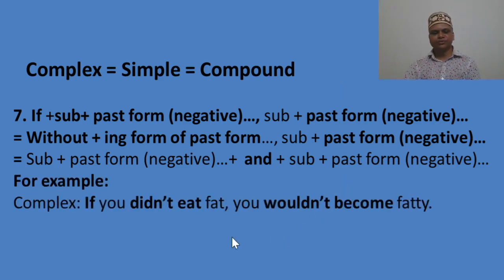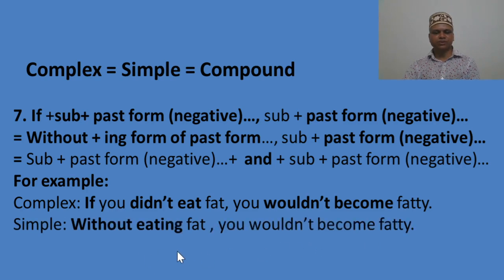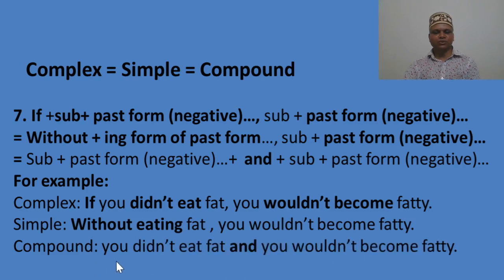For example, complex sentence: if you didn't eat fat, you don't become fatty. Simple: without eating fat, you don't become fatty. Compound: you didn't eat fat and you don't become fatty. So look at the complex sentence. If follows subject, and subject follows a past form. Here wouldn't become is in the future indefinite in the past, and the simple will be without ing form.